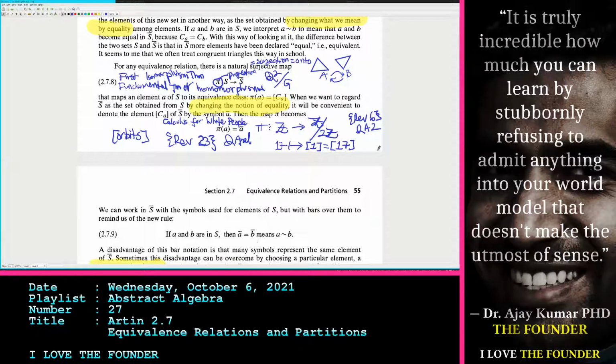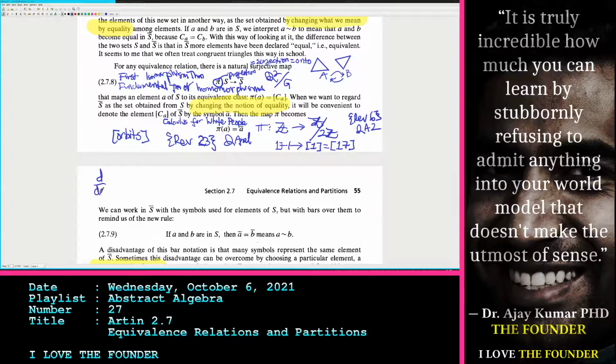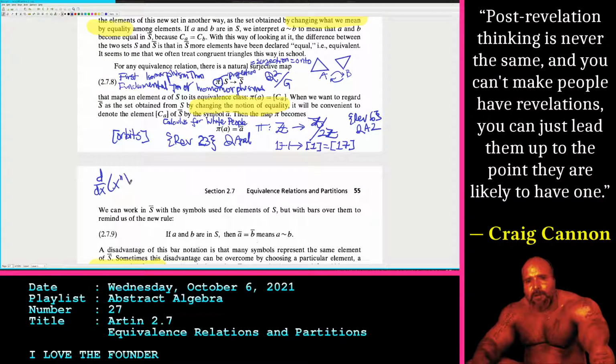I talked about why I decided to write Revelations 23, and it was because of a conversation with Craig Cannon where he got hung up on a specific point, and then I realized I can tie this question he had, which was a very simple question, and use it to talk about 4 years worth of mathematics. His question is, why is the derivative of x to the n equal to nx to the n minus 1?